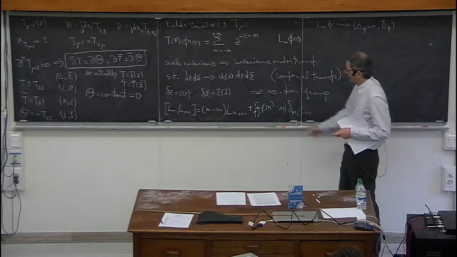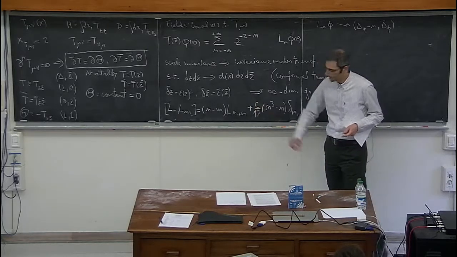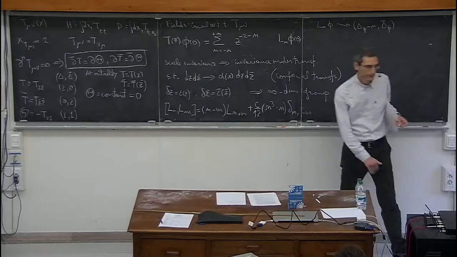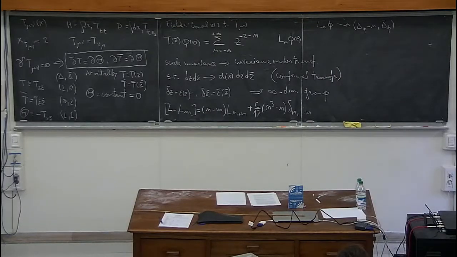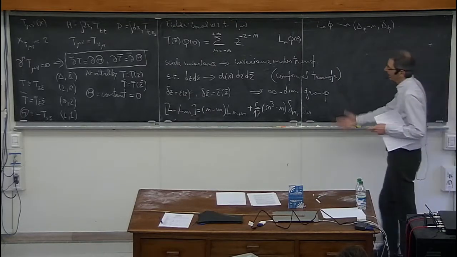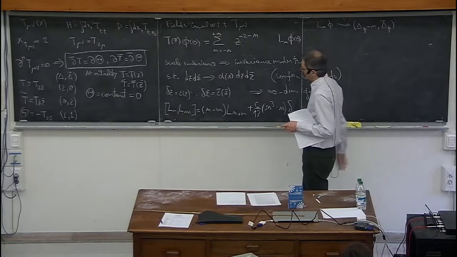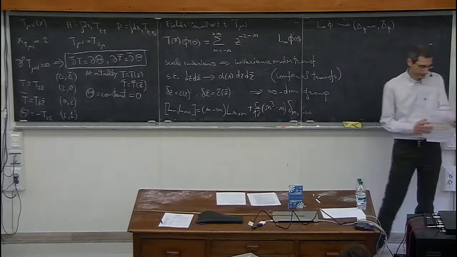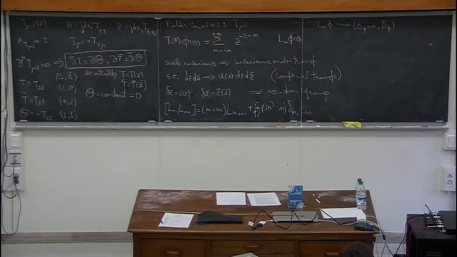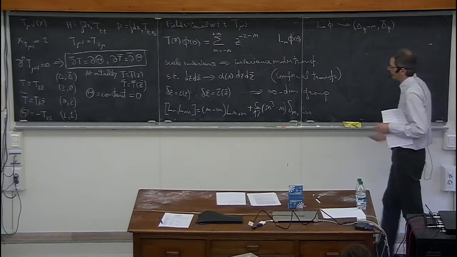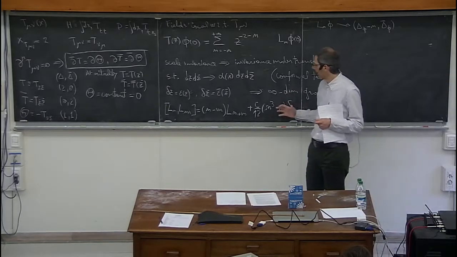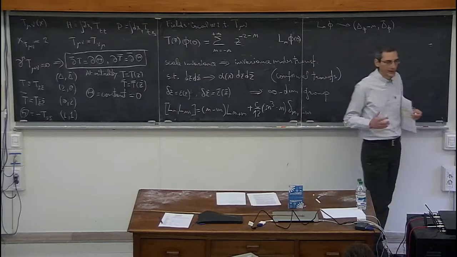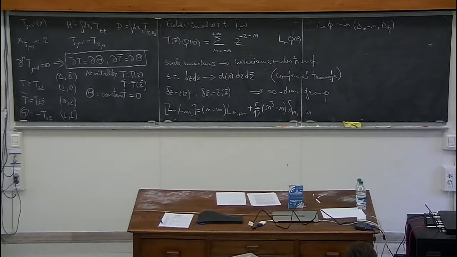What you see in the algebra is this number C here, which is called the central charge, and which is characteristic of the theory, and can also be shown to be, in a loose sense, proportional to the number of degrees of freedom of your theory.